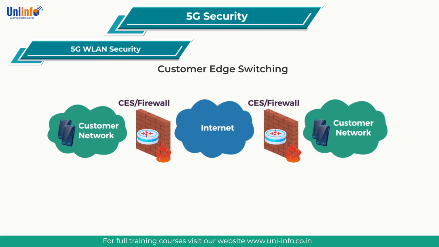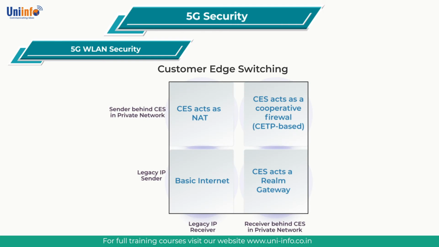The establishment of trust at the network level allows hosts in the respective networks to communicate following a negotiation of policies. A CES node acts as a connection broker for the hosts or applications that it serves and exchanges their policy offers and requirements with the remote hosts using the Customer Edge Traversal Protocol, CETP.